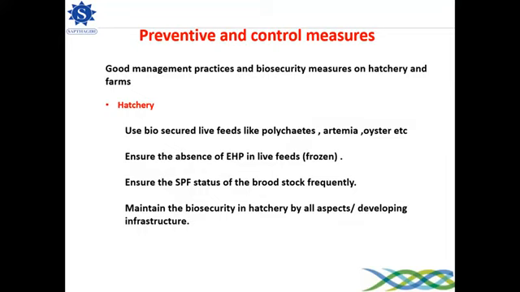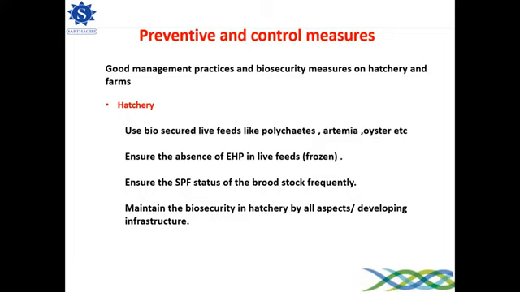And ensure the SPF broodstock status frequently. That means even though after quarantine the broodstock is certified as SPF, every hatchery, every maturation unit has to check its biosecurity status or SPF status every now and then, at frequent intervals.